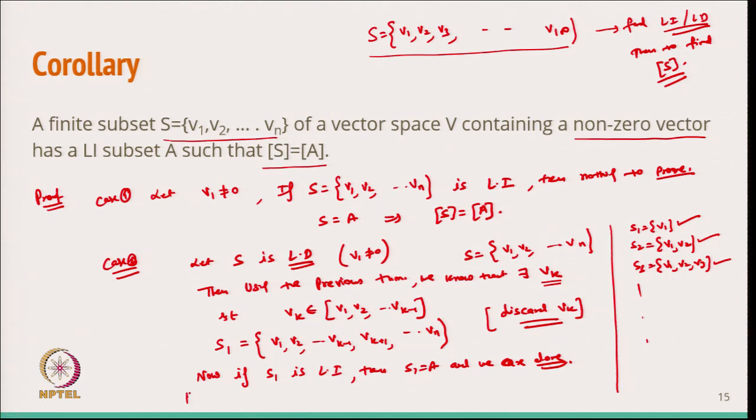But if S1 is linearly dependent, then we can follow the same procedure, whatever procedure we have just defined, to discard some vectors.